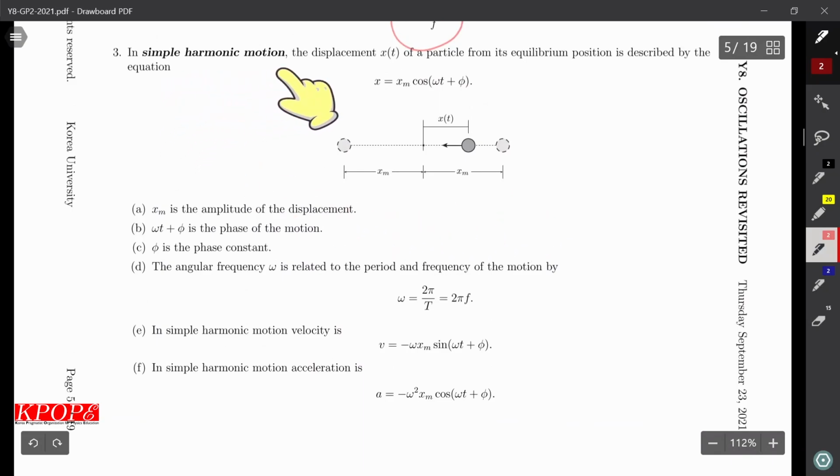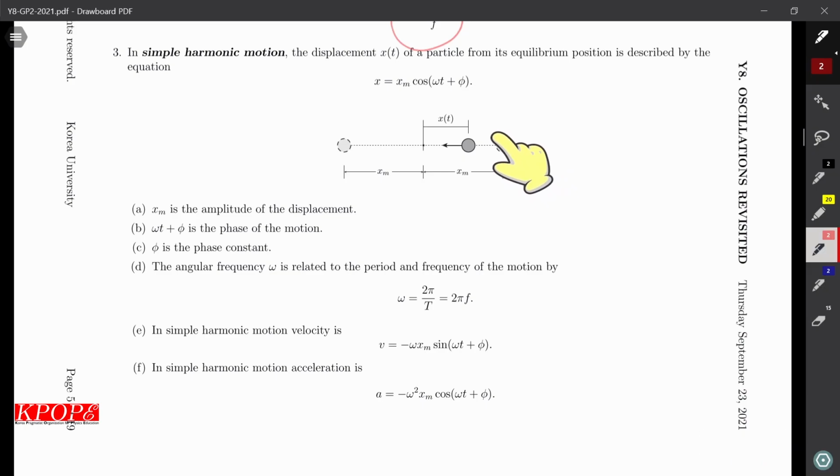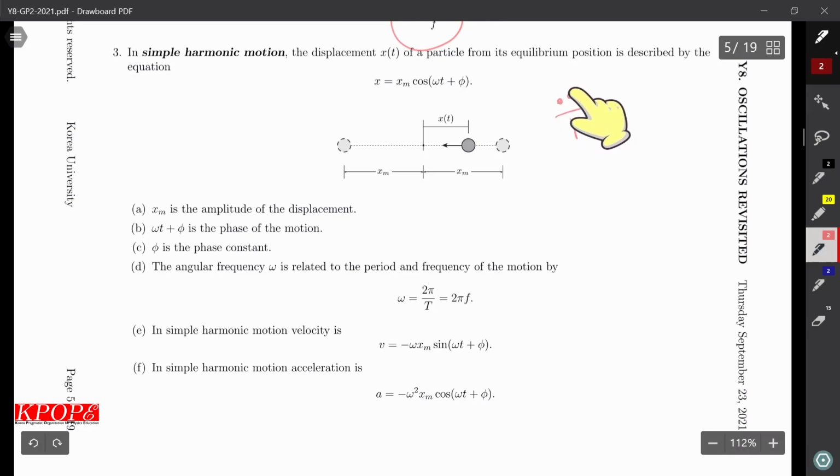Simple harmonic motion. In simple harmonic motion, the displacement of a particle from its equilibrium position is described by the equation. And as we have already found, the uniform circular motion satisfies this equation, the simple harmonic oscillation. We should find that the solution is the projection onto a Cartesian coordinate, either x direction or y direction.